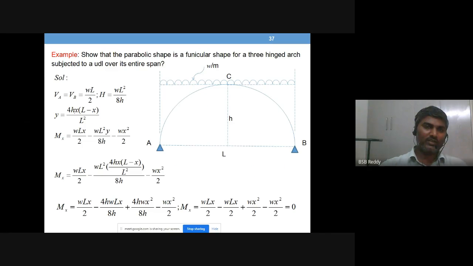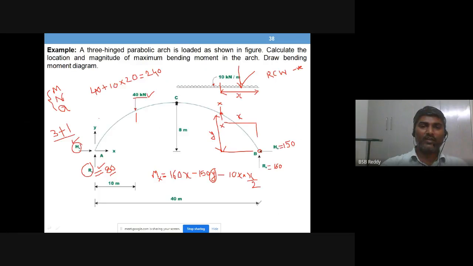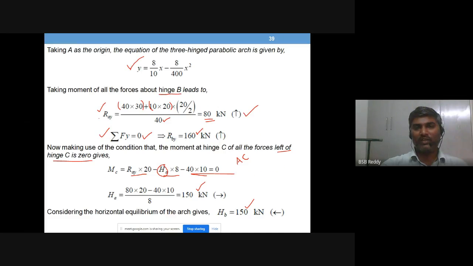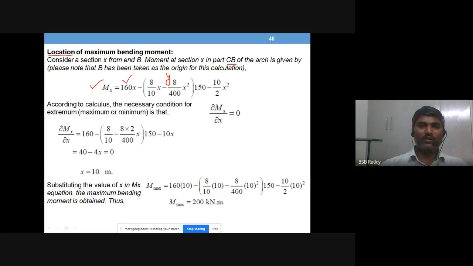So this is what you need to use for y, 4hx into (L minus x) by L square, right? So that will give you the y value. Substitute into this equation in place of y, and you will have the M_x equation ready for differentiation to search for maximum or minimum.